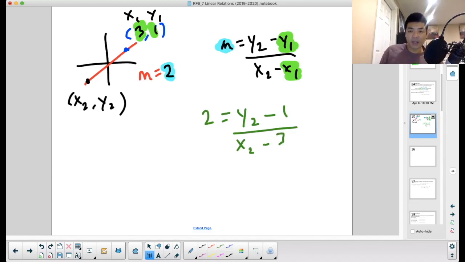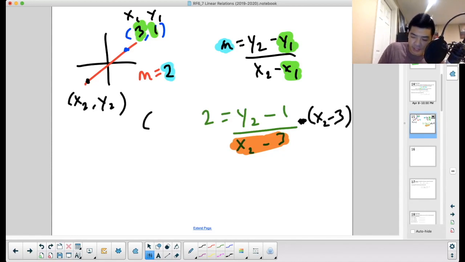Now what's going to happen here is, let's say I were to go ahead and multiply that x2 minus 3 up onto both sides. So I'm going to multiply the right side by x2 minus 3, which means that on the left side, I'm going to multiply by x2 minus 3 as well.